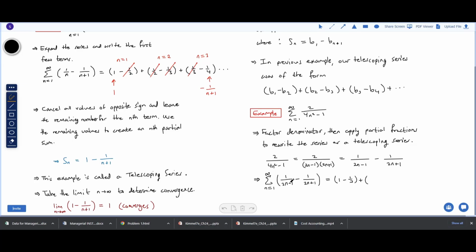For the next one, if n is equal to 2, we get 1 over 3 minus 1 over 5. For n equal to 3, we get 1 over 5 minus 1 over 7, and so on and so forth.